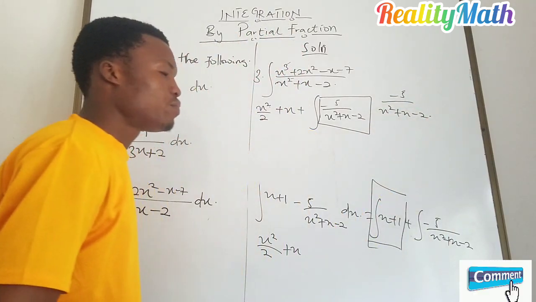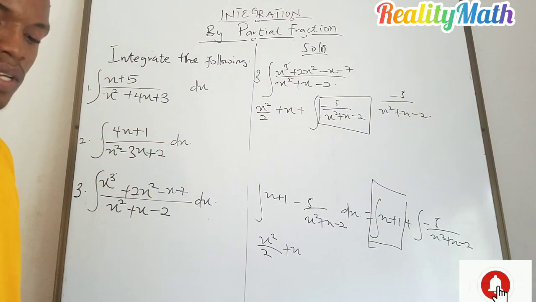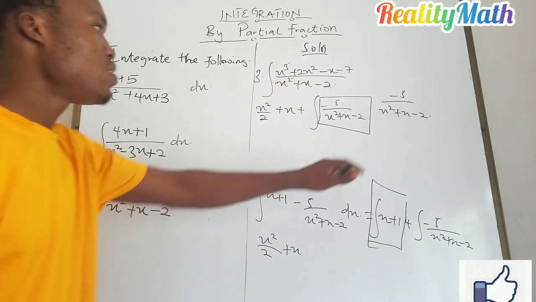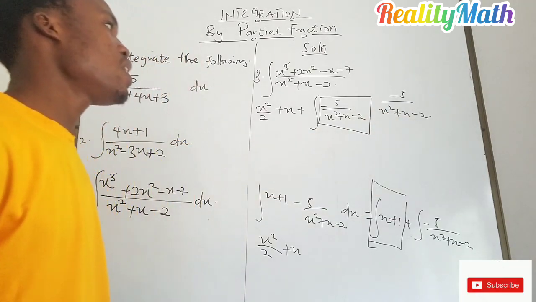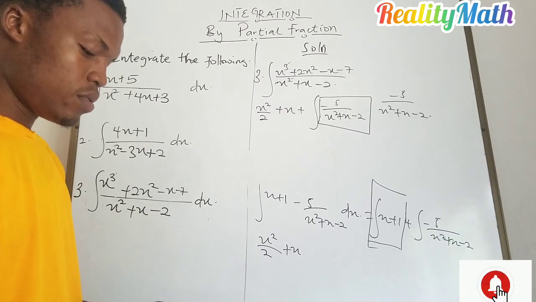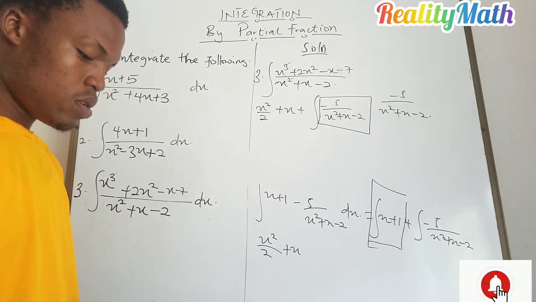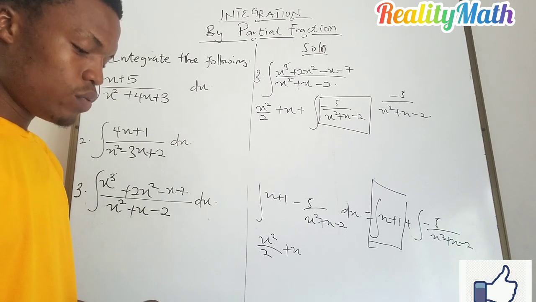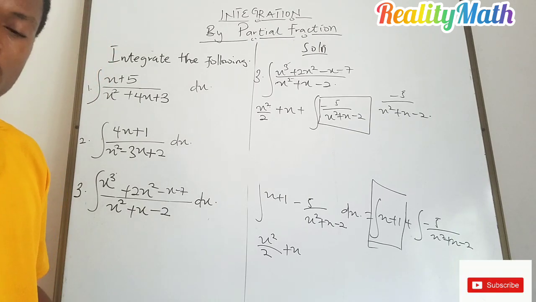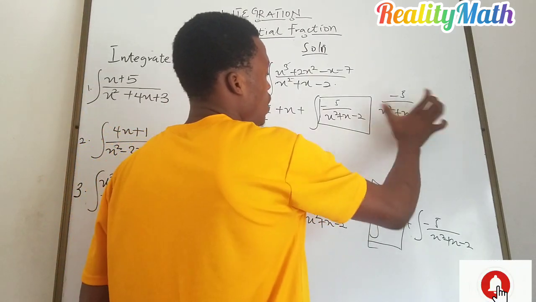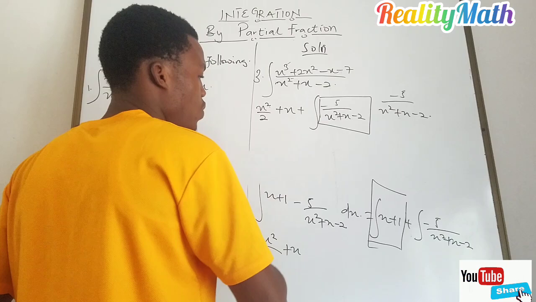Let's try to get the factors for x squared plus x minus 2. This is going to be x minus 1, x plus 2.